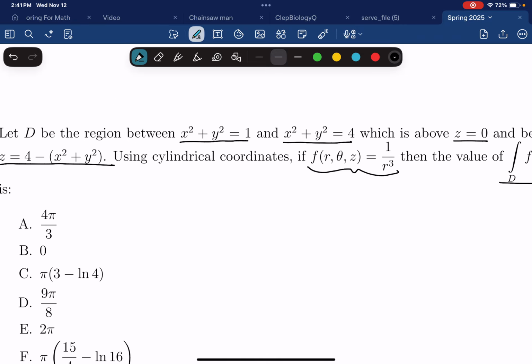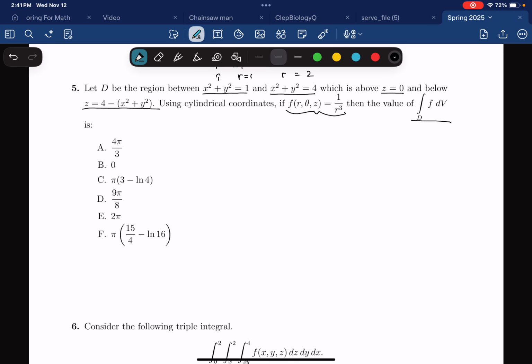Okay, so we already know that x squared plus y squared equals r squared. So x squared plus y squared equals 1 means that r is equal to 1. And in this case, it's the same thing: r is just equal to 2. So our radius is not from 0 to a number, like usual. Now it's from 1 to 2. And we know that our z is above 0, so that's our lower bound.